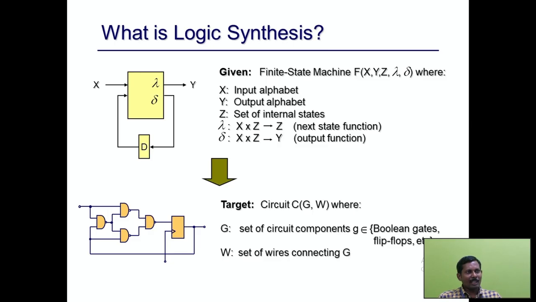Next, what is logic synthesis? In the given example, the finite state machine functionality of X, Y, Z, delta and lambda, where X is input, Y is output, Z is internal state, delta is the output function, and lambda is the next state function.